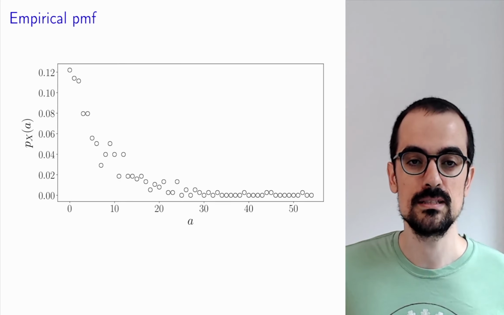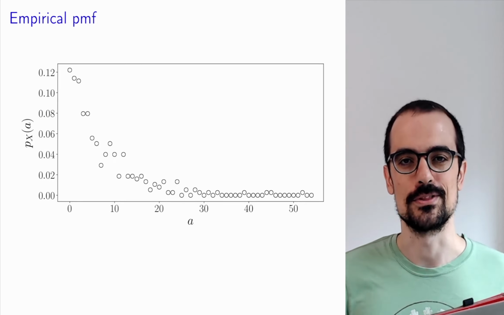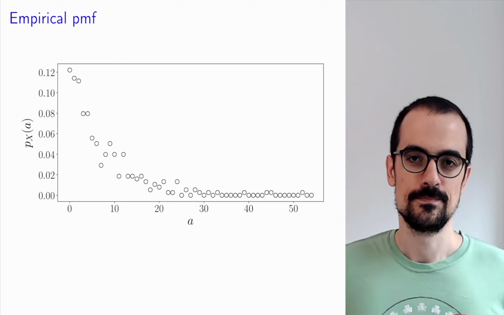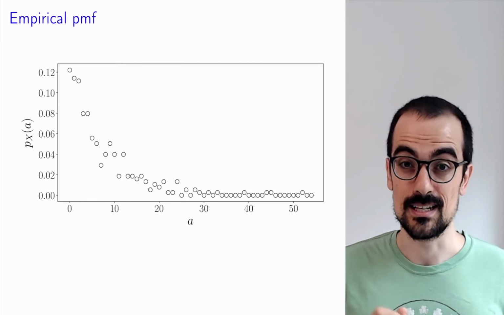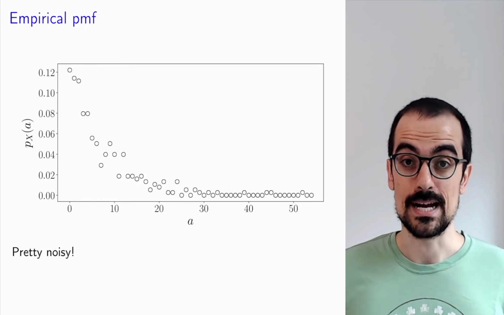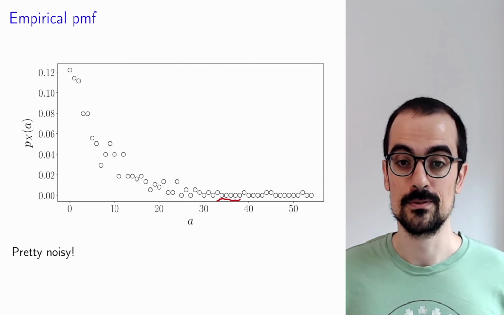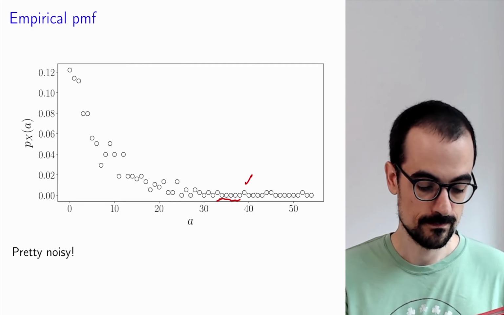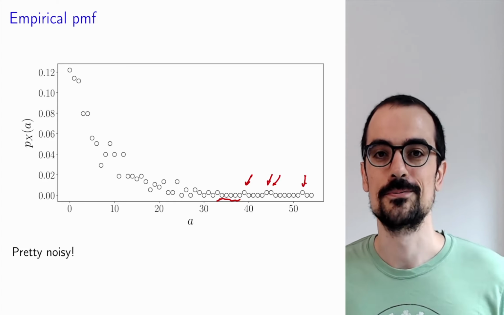Look at it for a moment and try to ask yourself, are you satisfied with this estimate for the PMF? The answer is it depends what you want to use it for. But it's clear that it's a little bit noisy. What do I mean by noisy? These values, for example, are all 0, but this one is not 0. And these two are also not 0, and this one is also not 0.